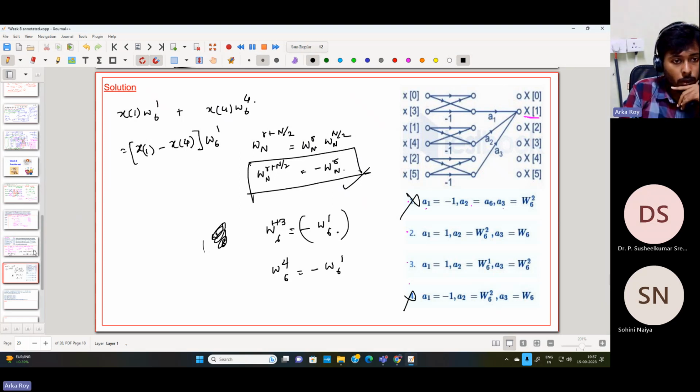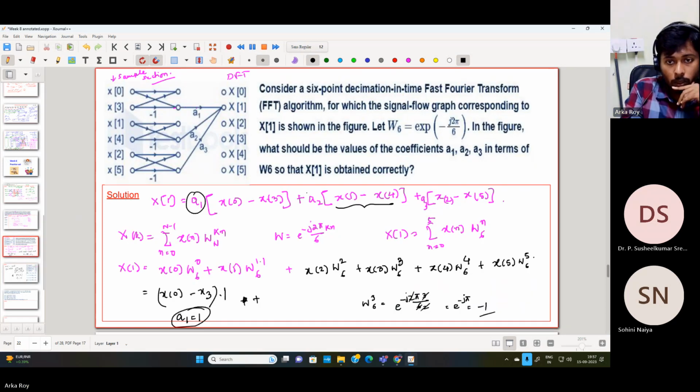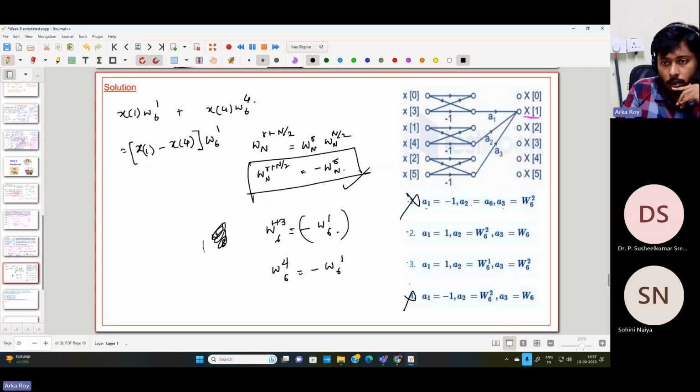So this is what A2 looks like. So A2 is W6 1. Given this, A1 is this one.